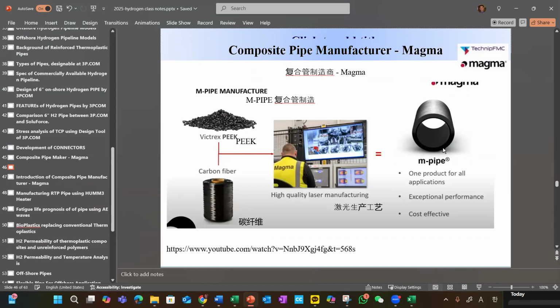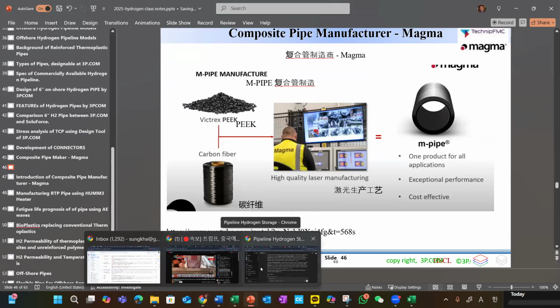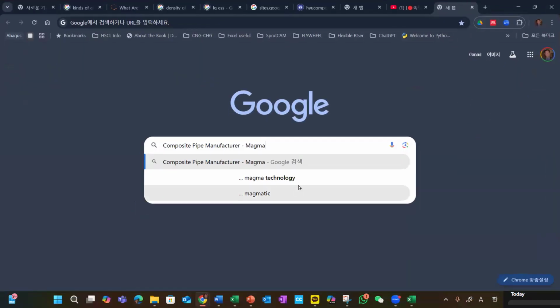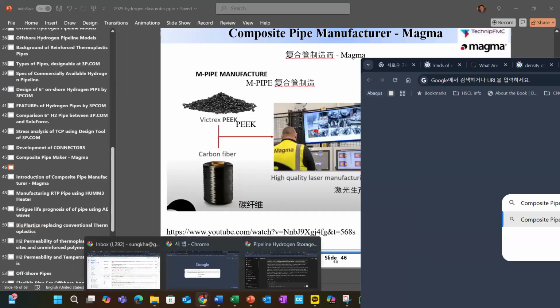Magma is the one company which produced this composite pipe manufacturing. Well, since we are using ChatGPT, we can continue to use that.